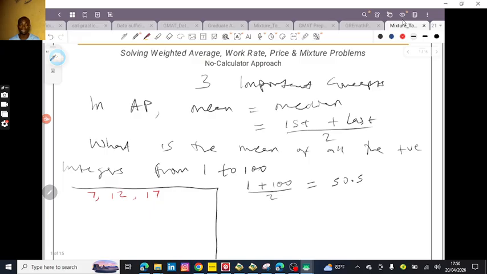Remember, odd numbers are those like 1, 3, 5, 7. So for an odd set, the median is always a member of the set. For an even set, it is not always a member. If we add the next thing here, 17 plus 5 is 22.